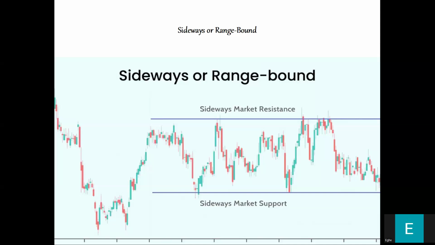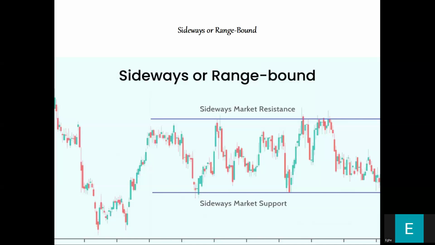After the creation of that lower low, the next move would be price pulling back to a premium level, or you call it a resistance level. Once it gets to that resistance level, look for an opportunity with candlestick formation. Once those appear, you look for an opportunity to sell.